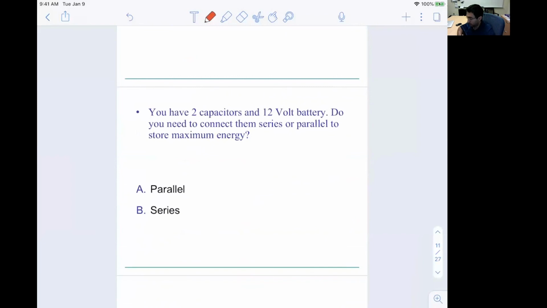So you have two capacitors in another example and a 12-volt battery. Do you need to connect them in series or parallel to store maximum energy? Now let's forget about the Q. Let's use the one with just capacitor and the potential.